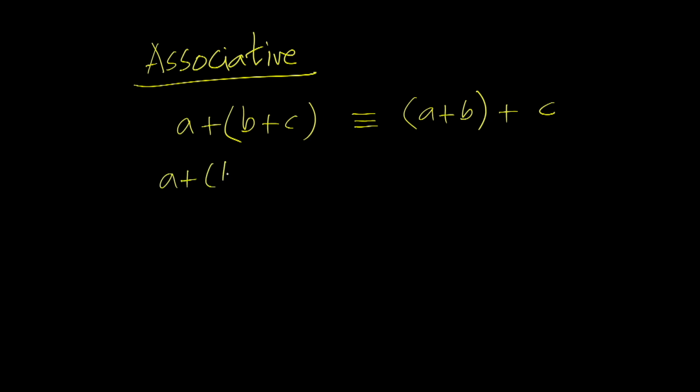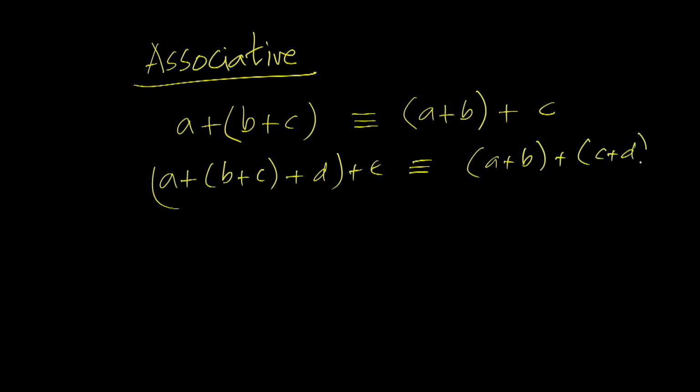For example, this is the same as this. So, you can parenthesize in whichever way when you have a long sequence of disjunctions. You can verify this using the truth table readily. Similarly, for the AND operation, A and B and C is the same as A and B and C. Again, you can verify this using the truth table.